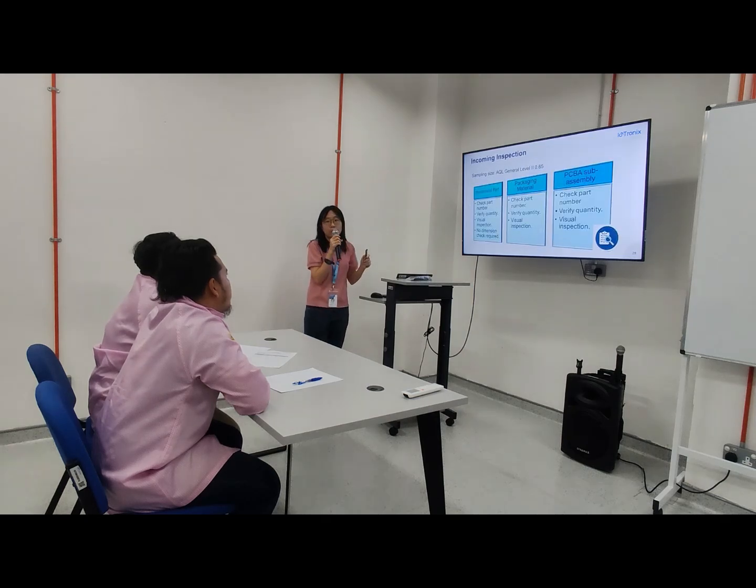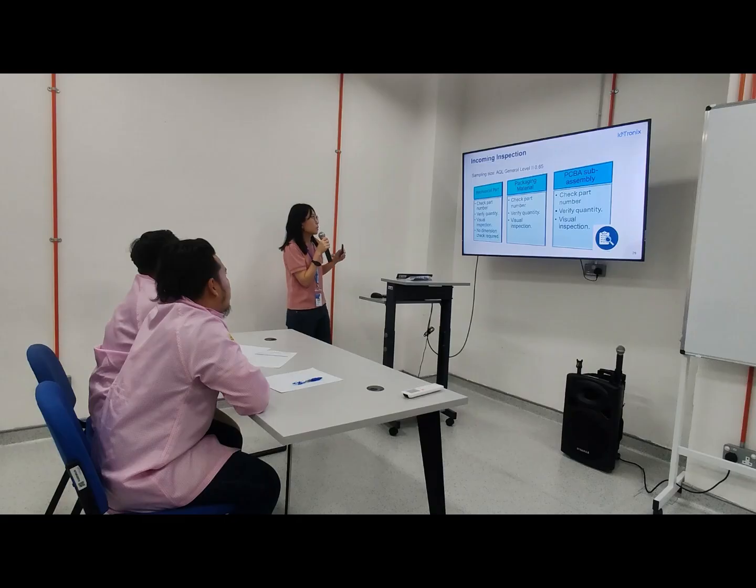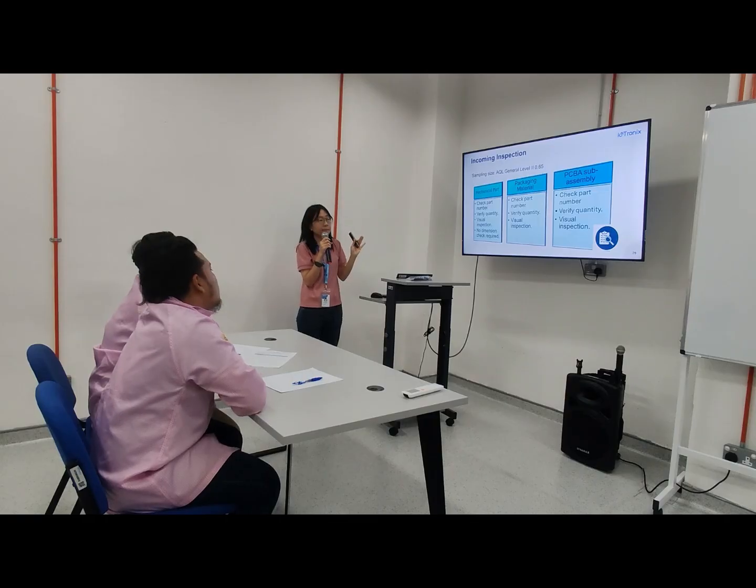Okay, next we'll go for incoming inspection. For incoming inspection, we normally follow the sample size of AQL, general level 2, 0.65. For material, we normally separate into mechanical parts, packaging materials, PCBA sub-assembly, and also component level.